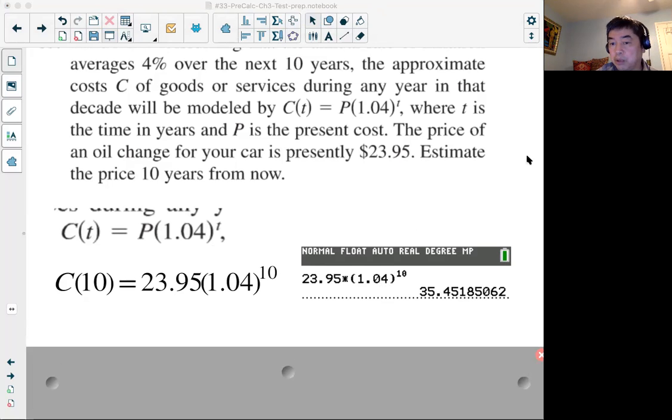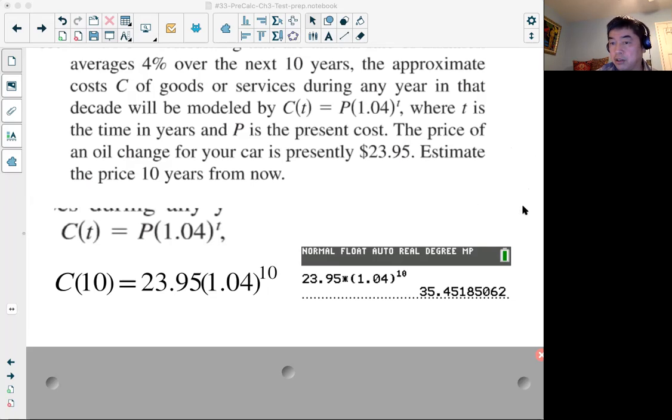Usually when you multiply, inflation rate, if it's 4%, you always have to add 1. 1 plus 0.04, because it's going to go up 4%. So I put 0.04 here. This might be a better equation. And close the bracket and to the t, to the 20th power.